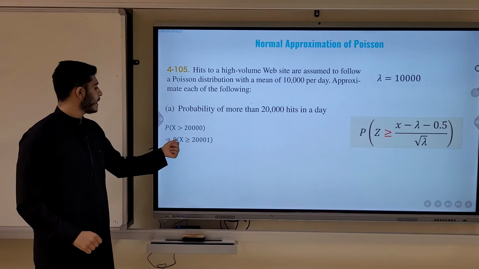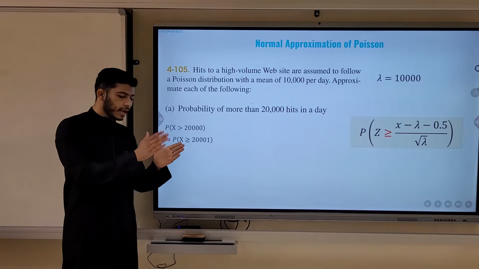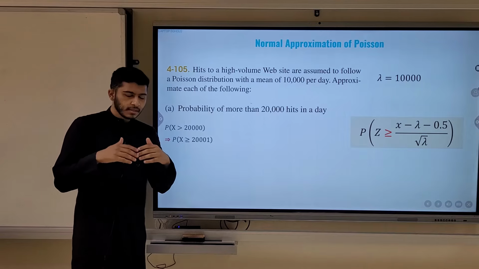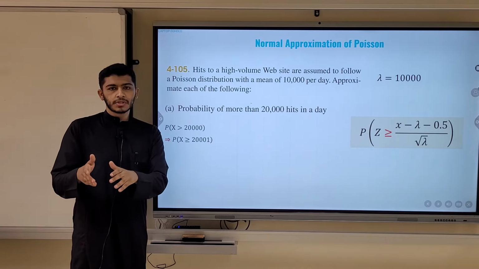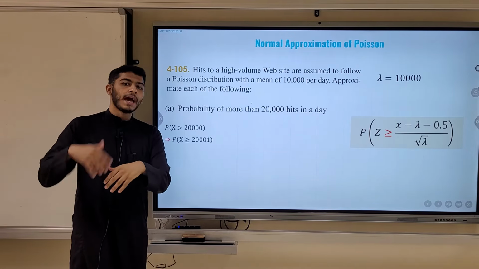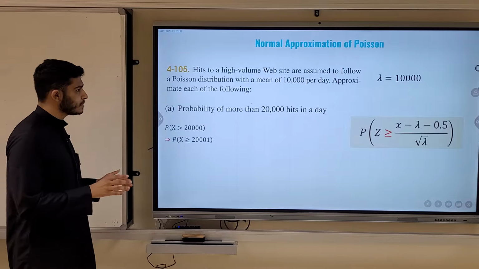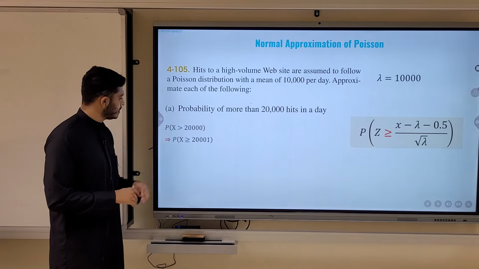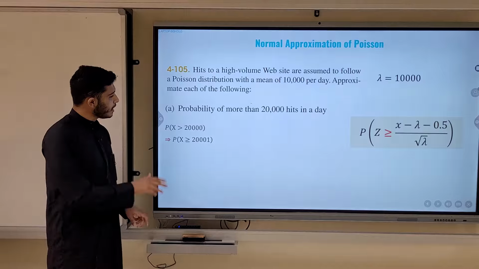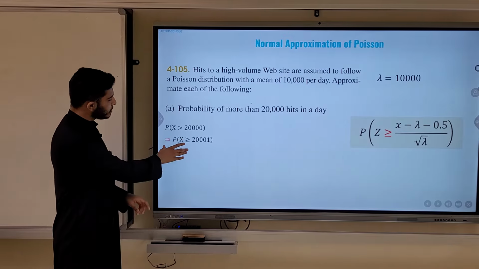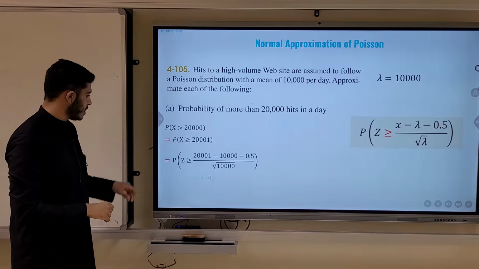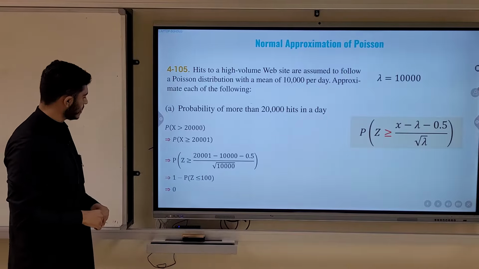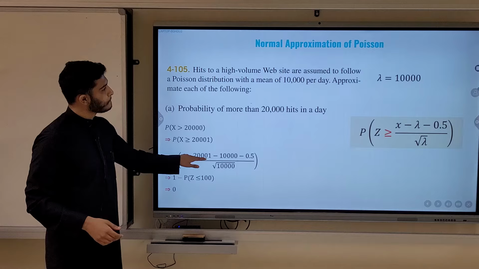We do it simply by adding 1, because greater than 20,000 means just 20,001 and above. So there's some sort of logic behind it in that case. It's quite easy. So after we got the expression suitable for our approximation, now we can just implement the approximation right away and get the answer at the end to equal 0.